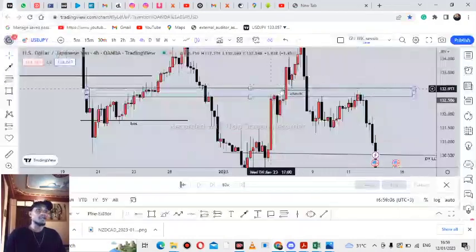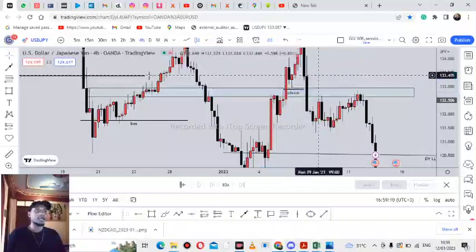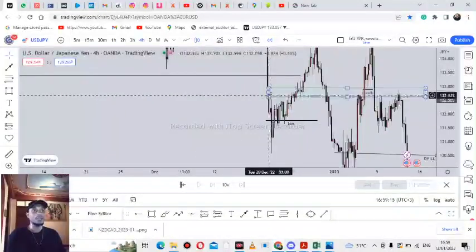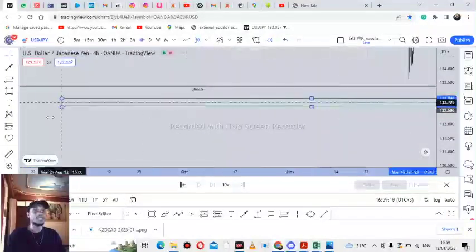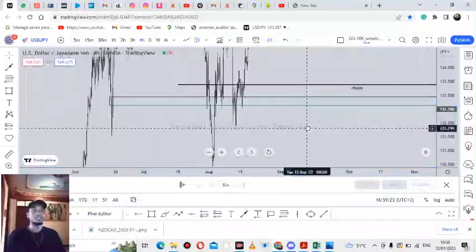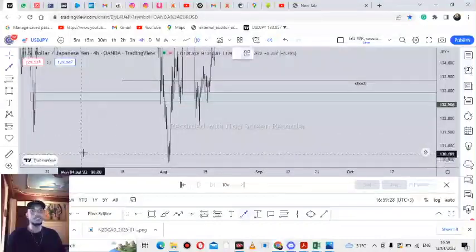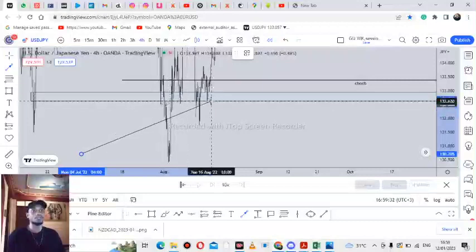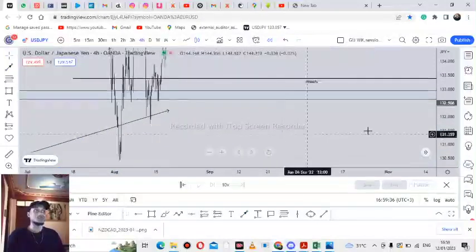So whenever I find a break of structure like this, I go back to see whether the area where we broke the structure has any historical features of support and resistance. As you can see, historically here, this price offered support, quick rejection, an impulse breakout, and so on.